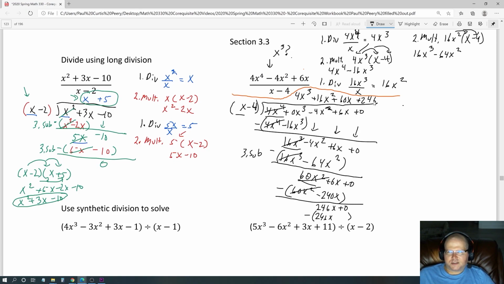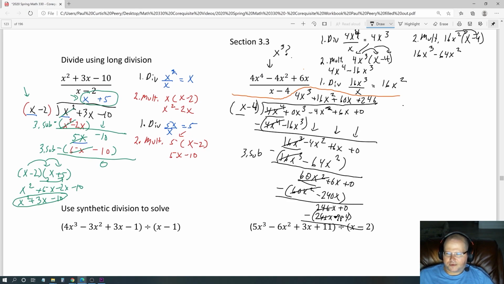And then 246 times negative 4 gives me negative 984. And we subtract, these cancel out.